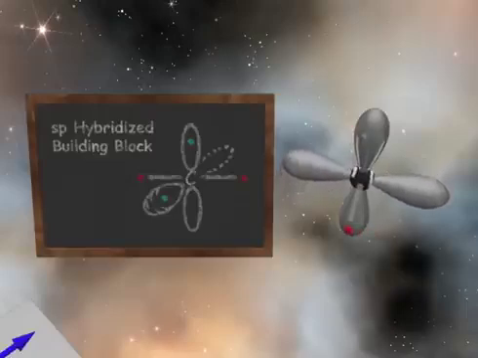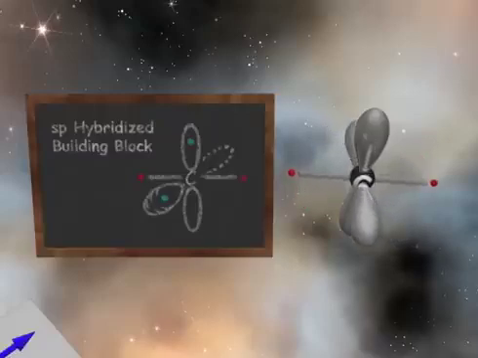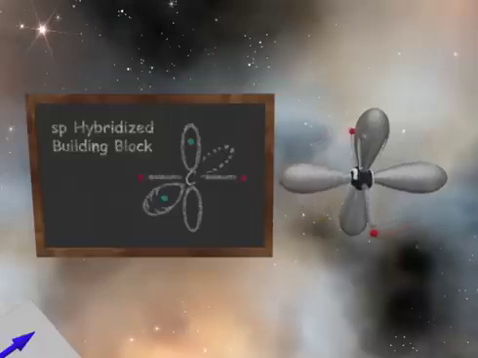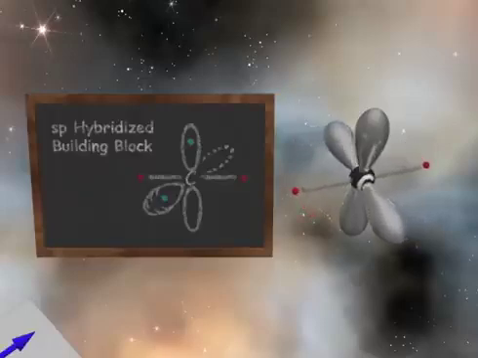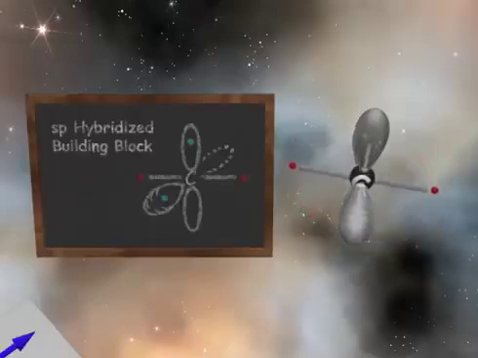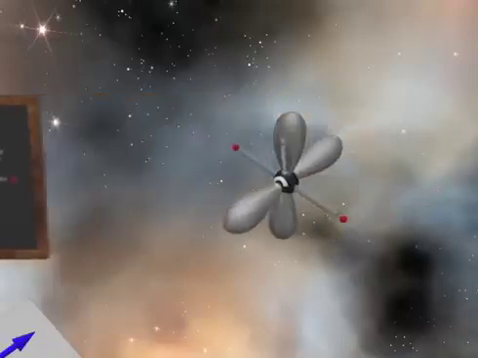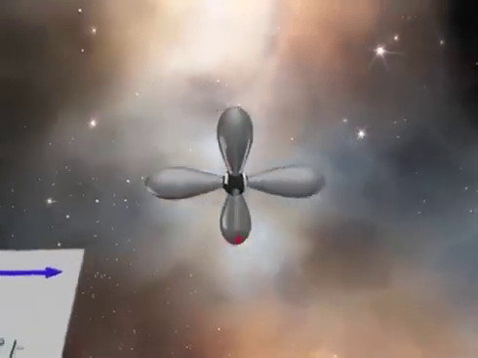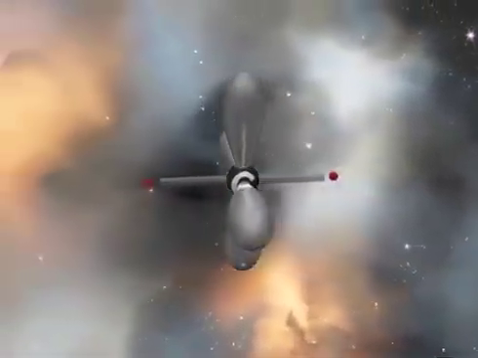Again, solid lines are in the plane of the board, shaded lobes are coming out of the plane of the board, and dashed lines are going behind the plane of the board. Each of the two sp hybrid orbitals contains one electron capable of forming a sigma bond. The sp hybridized carbon is now capable of forming two sigma bonds and two pi bonds.